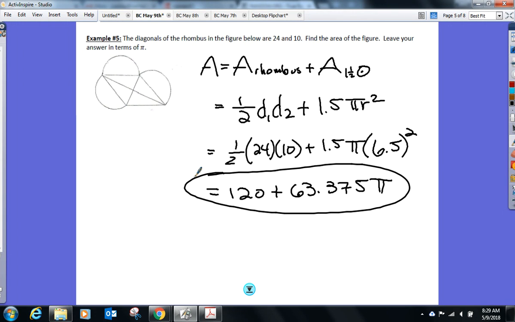You should be using the Pythagorean theorem to find the side of the rhombus. Diagonals bisect each other. They're perpendicular. And you have 1.5 circles.